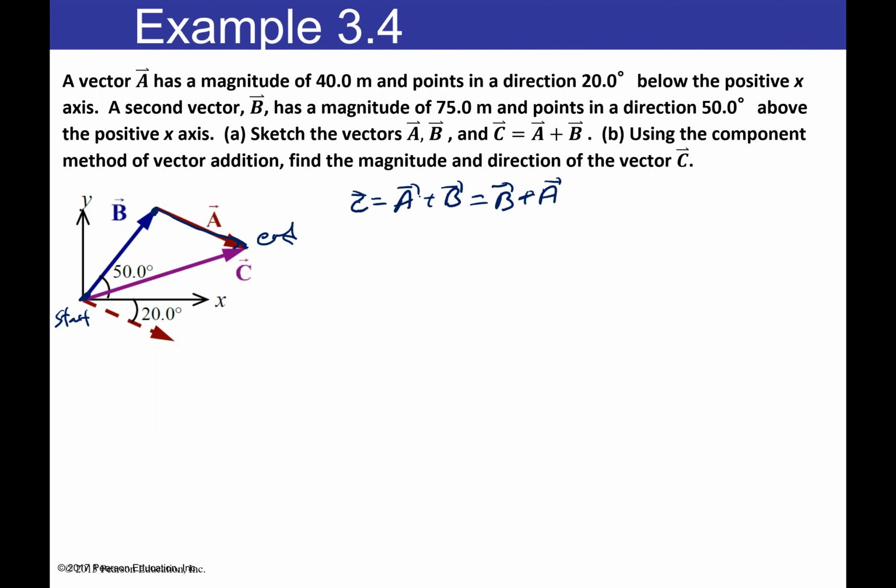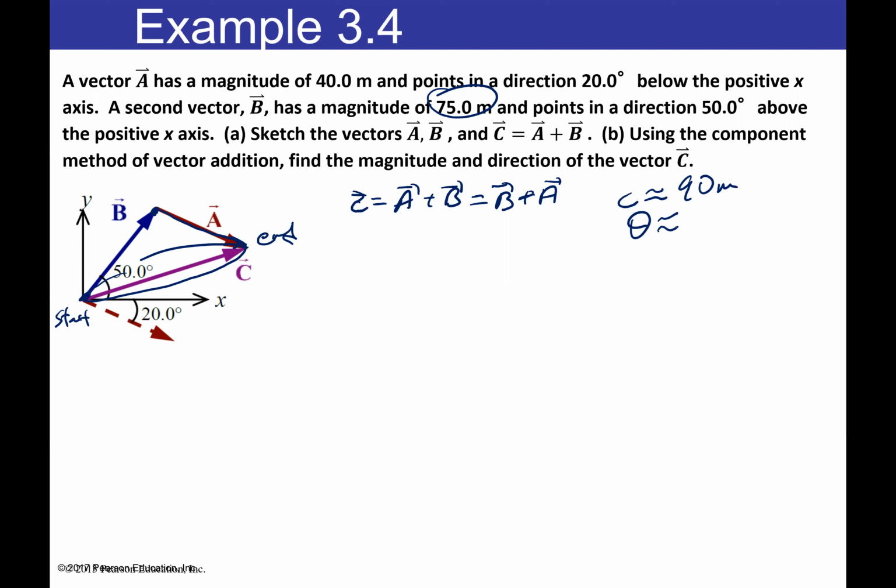Okay. But it also gives me a lot of information, which we can estimate. For example, look at the length of vector C. The length of vector C, from my graph, is actually longer than A or B. That means longer than B, and B is 75 meters. That means you can estimate. So for example, I can estimate the magnitude of C to be a little bit longer than B. B is 75, and I would estimate, and you can try to estimate too, maybe, I don't know, maybe 90, right? So slightly longer, so roughly about 90 meters.